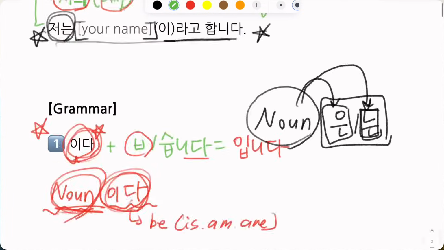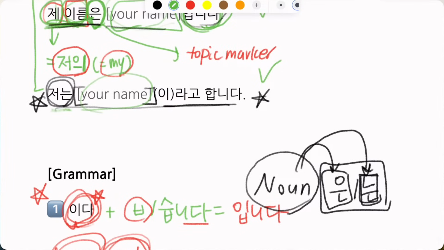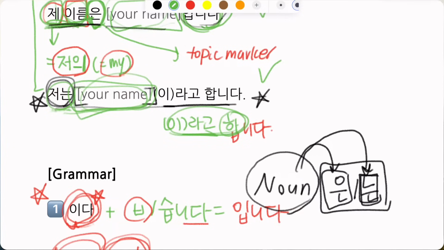So by saying 저는 noun이라고 합니다, which is a combination of 이라고 하다 plus ㅂ니다, it means as for me, people call me this name. So I go by this name, or my name is this, basically. So 저는 your name이라고 합니다.